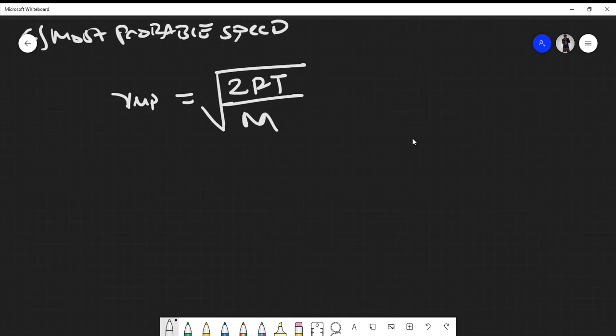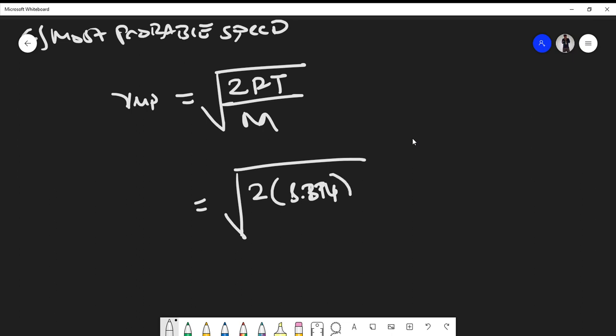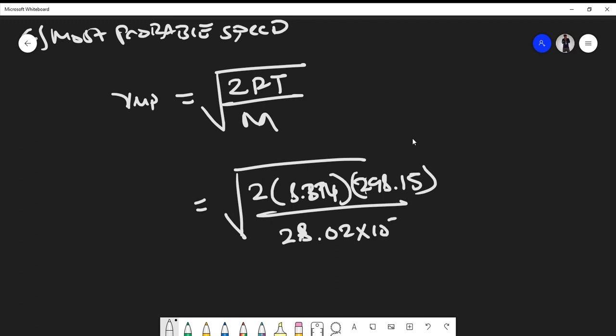So plugging in our numbers, this is 2 times 8.314 times 298.15 divided by 28.02 times 10 to the negative 3, and this is equivalent to about 421 meters per second. And this is it for lecture 4.